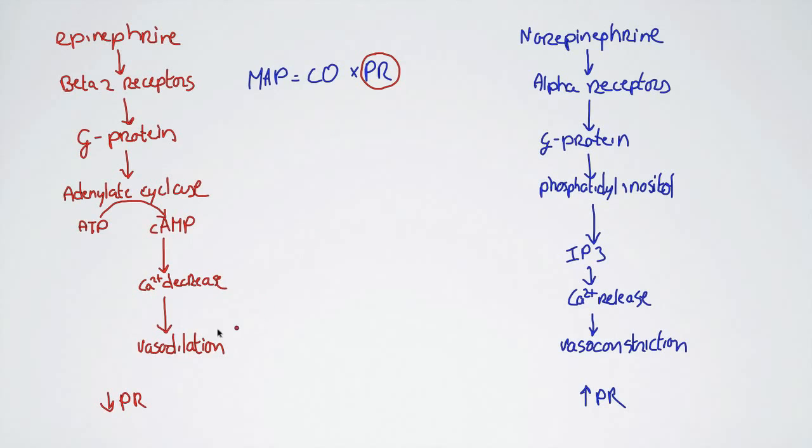So by influencing vasodilation or vasoconstriction, what we're doing is we are making the diameter of the blood vessels smaller or larger, and that is going to influence peripheral resistance. If it's smaller, we have more resistance. It's harder to get stuff through. If it's larger, it's going to be easier to get stuff through because there's less resistance to flow.